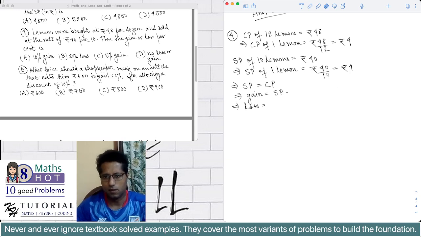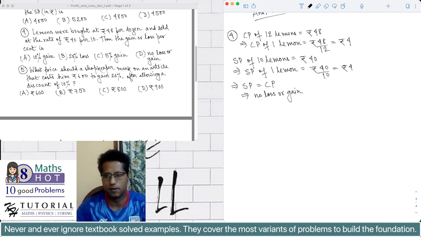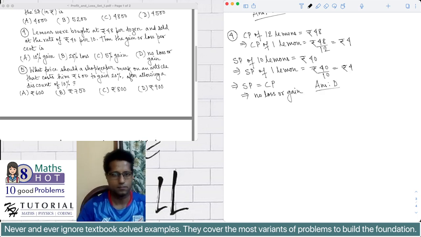We need not justify all these in great detail. Whenever we see SP is equal to CP, we can immediately say no loss or gain, and hence the correct choice is B. This was a very straightforward question.